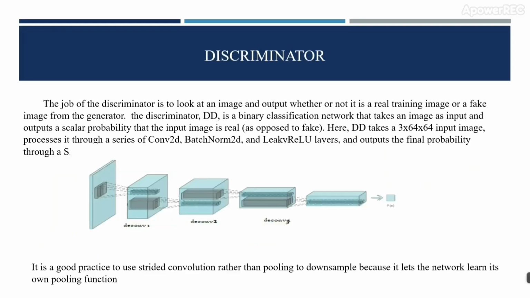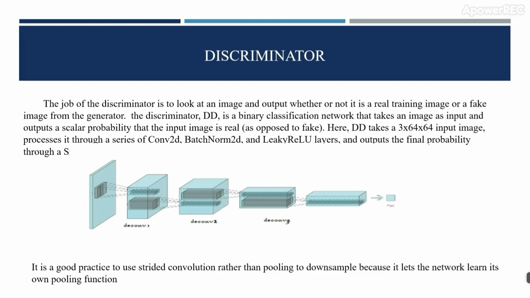I am V. Snehalatha. I am going to explain about the discriminator, hyperparameter tuning, and DCGAN training. Coming to the discriminator, its purpose is to look at an image and output whether it is a real training image or a fake image from the generator.